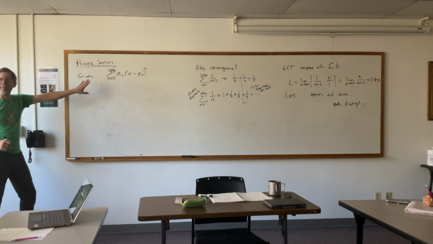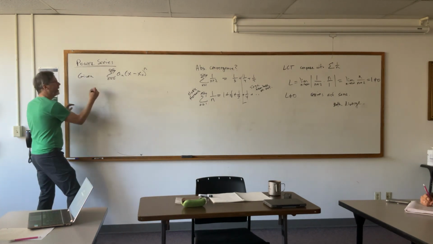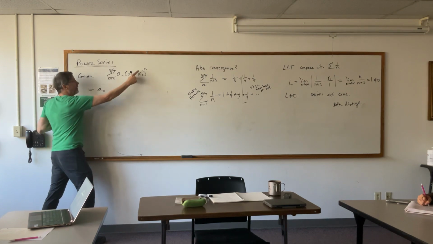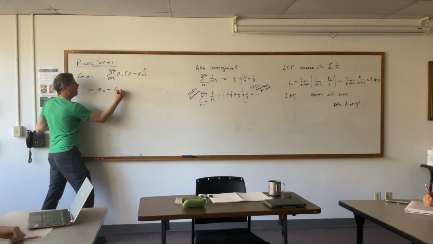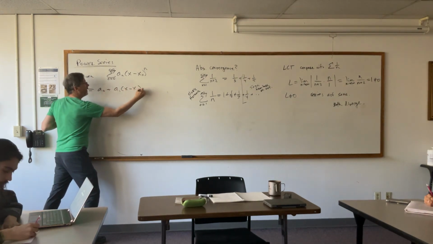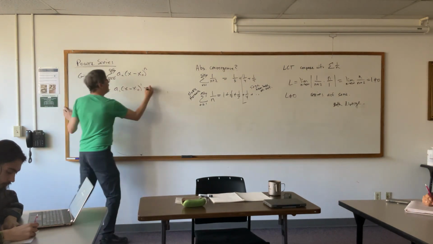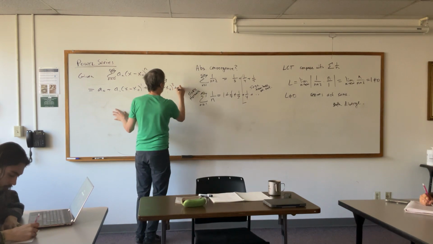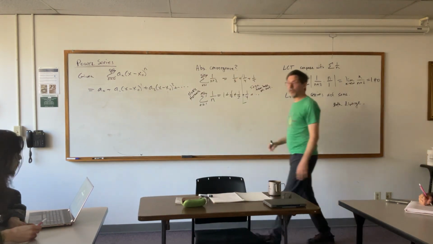Let's write out what that means, because there's a lot of symbols going on. So in other words, when n equals 0, I've just got a0 times 1. Plus a1 times x minus x sub 0 to the first, plus a2 times x minus x sub 0 squared, and now we get the rhythm of what's going on there.